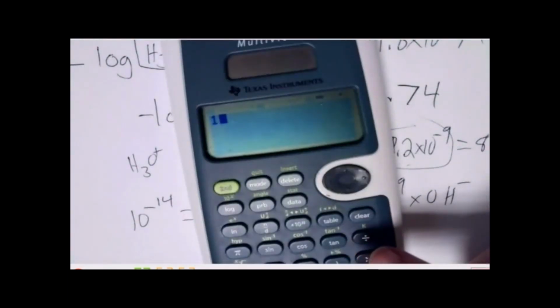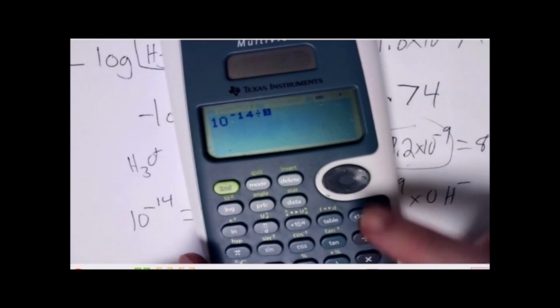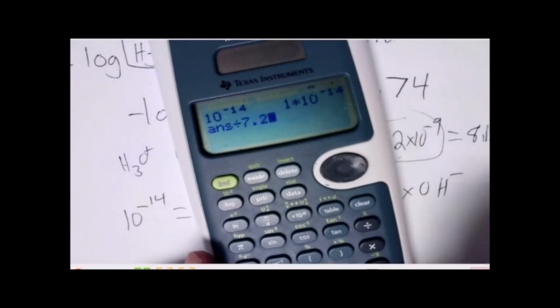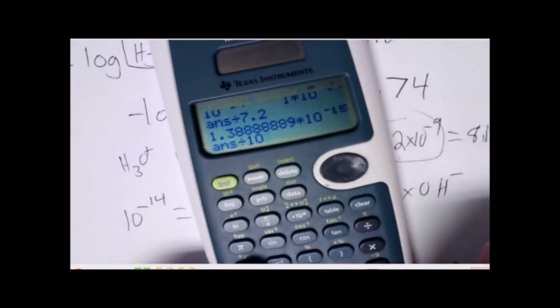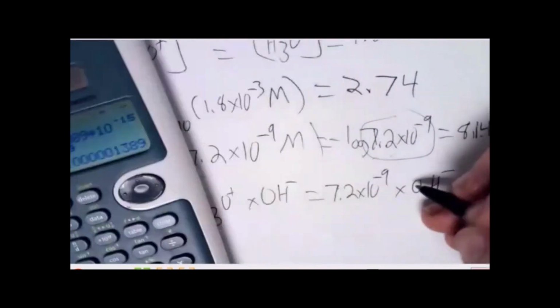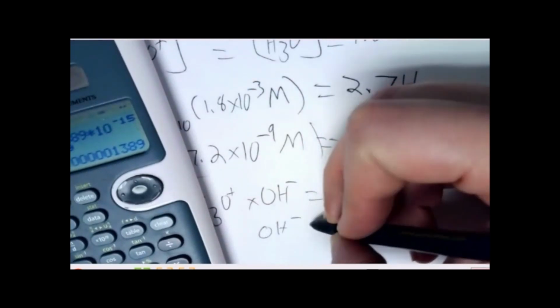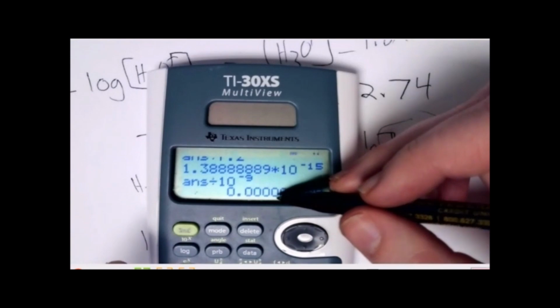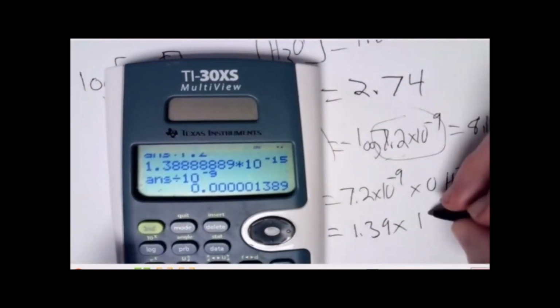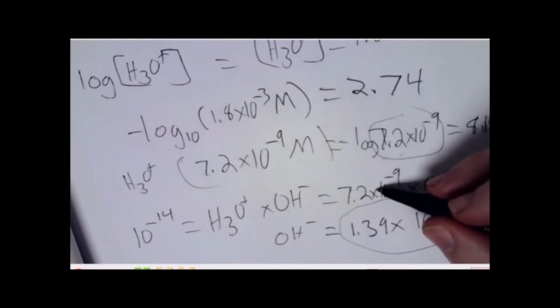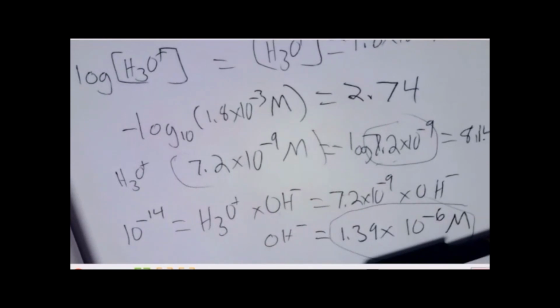To do that, you'll take 10 to the negative 14th divided by 7.2 times 10 to the negative 9th, and that would give us OH minus equaling 1.39 times 10 to the negative 6 molar. So you would have to agree the OH minus is greater than the H3O plus in this basic situation.